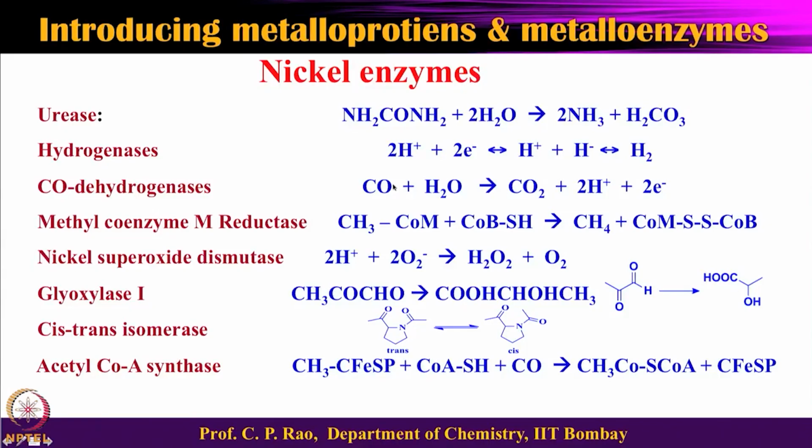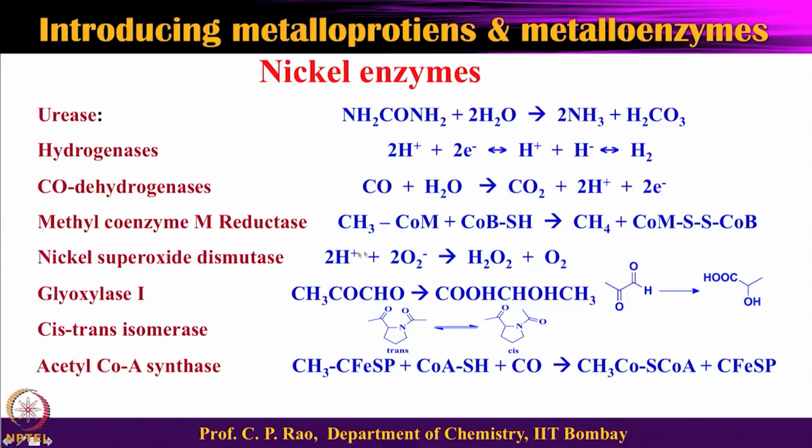Oxygen is taken as 2 minus, so carbon is 2 plus. On the other hand, CO2 is neutral with 2 oxygens, so 2 times 2 minus is 4 minus, and the carbon should be 4 plus. So what has happened? The carbon center in carbon monoxide, which is 2 plus, goes to carbon 4 plus in carbon dioxide. Therefore, it is basically oxidation. In other words, carbon monoxide dehydrogenase is an oxidative kind of enzyme.